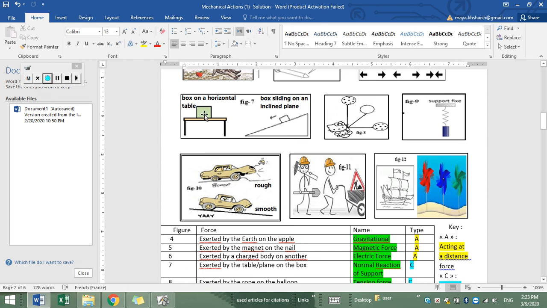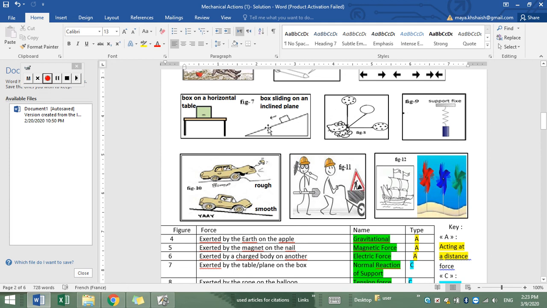The earth is pulling it downwards. However, this box is not falling down to the ground. Why? Because the table here exerts a normal reaction of support, an upward force that is opposite to the downward gravitational force, thus preventing it from falling down to the ground.